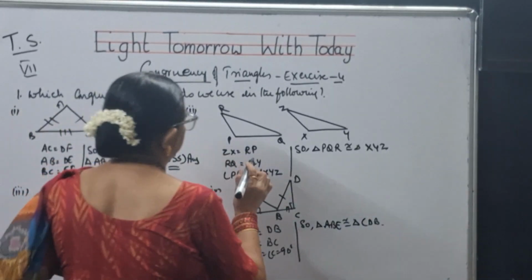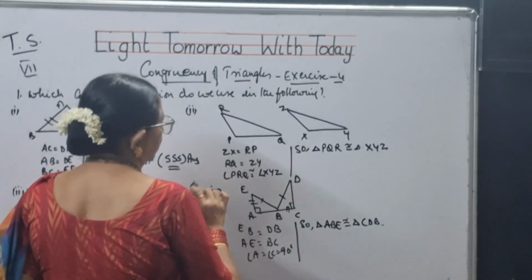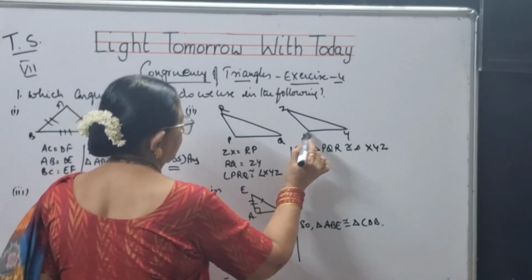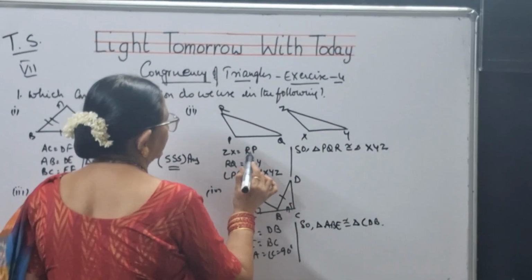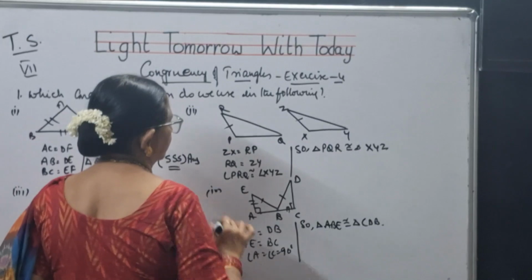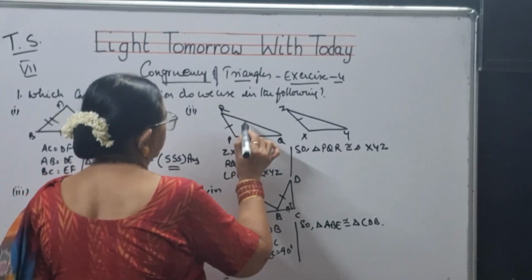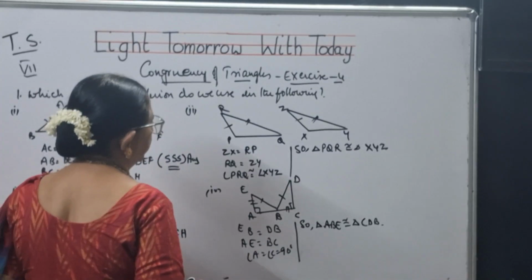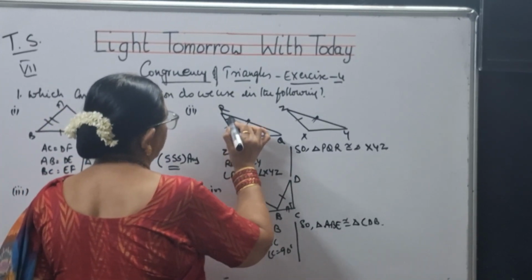And here in this figure, you have got triangles. One is PQR and another one is XYZ. ZX is equal to RP. ZX is this, RP is this. RQ, this is RQ, is equal to ZY. And angle PRQ means this angle.